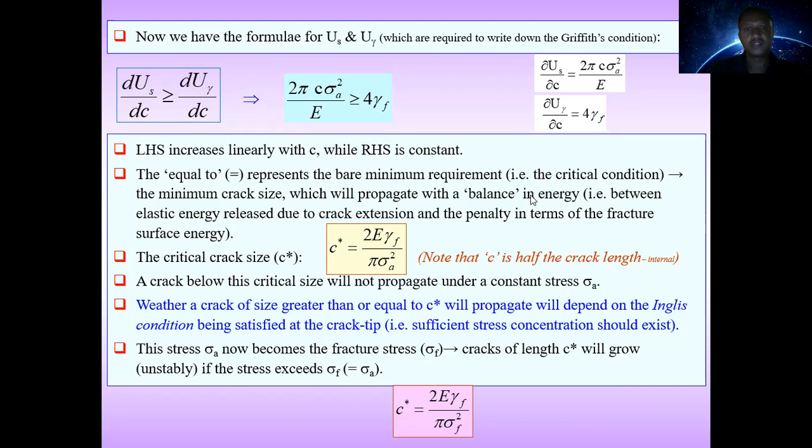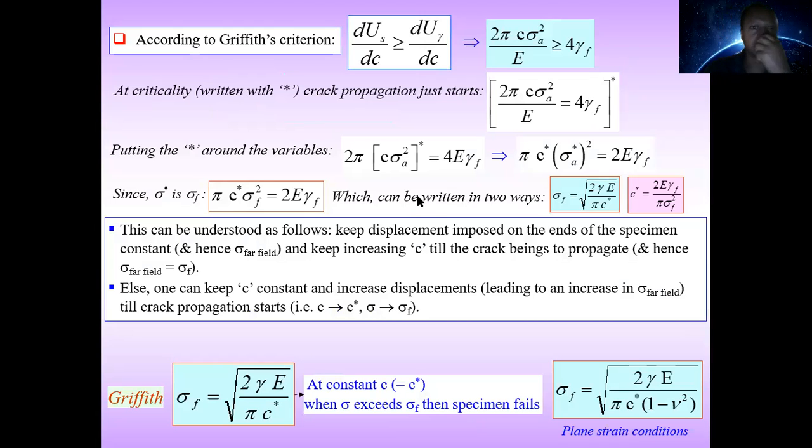That is according to Griffith's criteria. Finally, what you can get is that crack propagation just starts when π c σ_a squared over E is equal to 4γ_f.